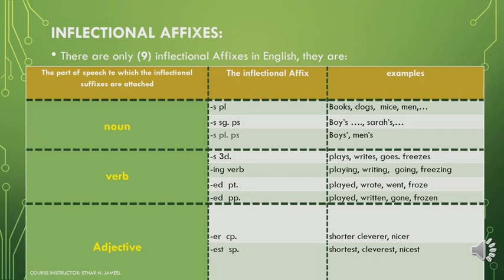But in mice and men, we have S plural in these two words, but in the form of an infix. We do not have a suffix S. We have an infix. Mouse becomes mice.